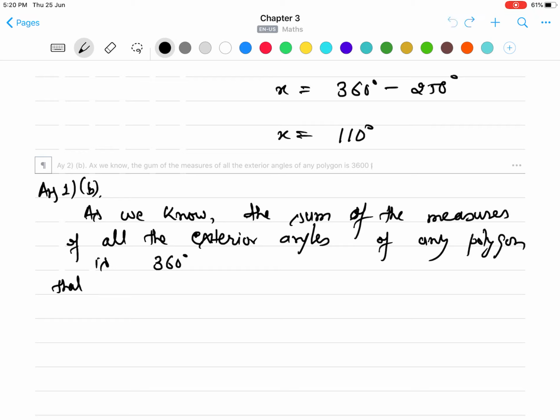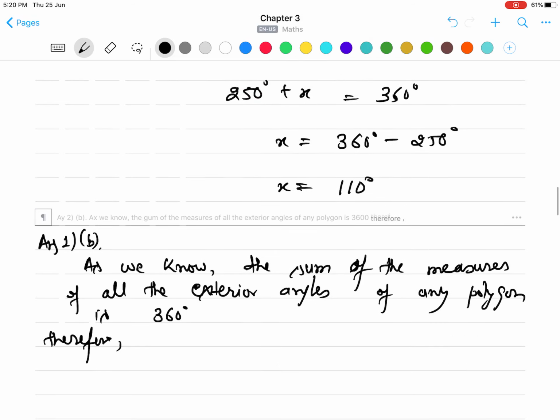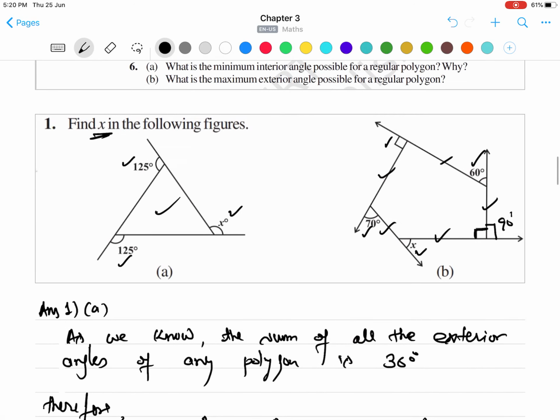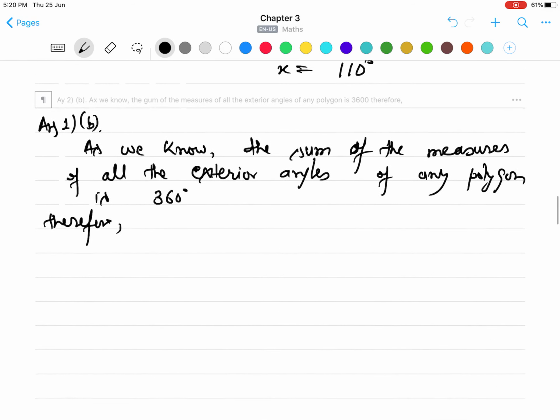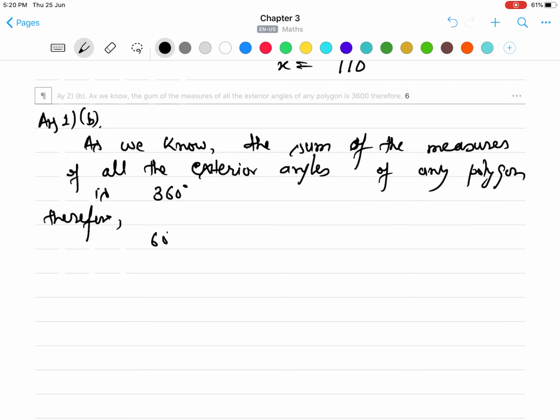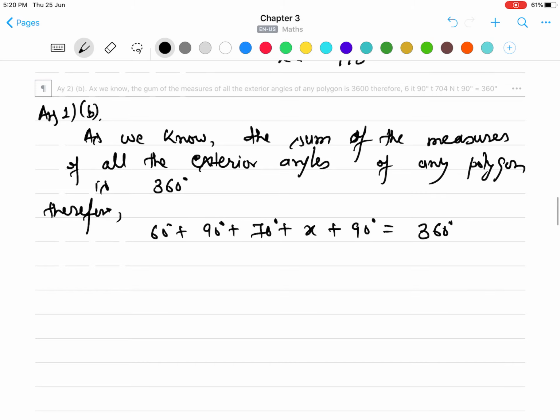Therefore, we'll add the angles 60 plus 90 plus 70 plus 90. We have 60 degrees plus 90 degrees plus 70 degrees plus x plus 90 degrees, and it should be equal to 360 degrees. Now we have to add all these numbers.